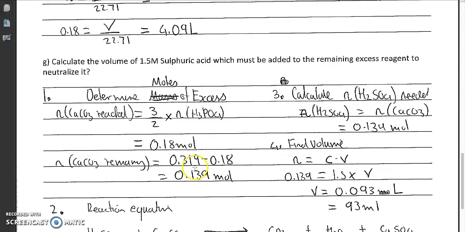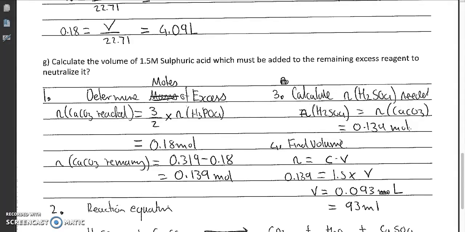Once you've determined the amount remaining, you know the amount that must be reacted with sulfuric acid. In order to determine the moles of sulfuric acid which are required, you're going to have to use the reaction equation. As said earlier, these react in a 1-to-1 ratio, 1 sulfuric acid for 1 calcium carbonate, which means the same moles of sulfuric acid will be required, 0.139 moles.